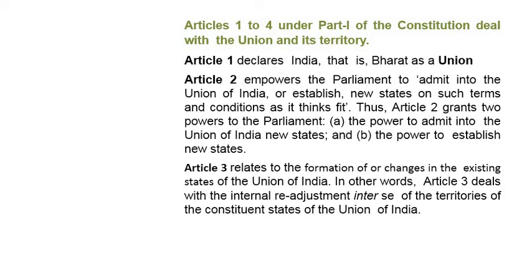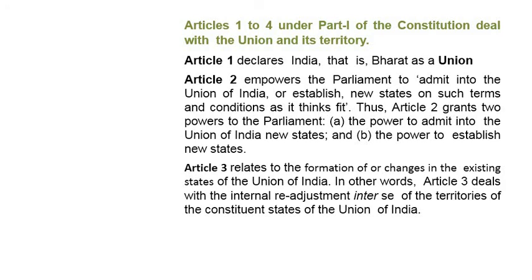Then Article 2 empowers Parliament to admit or establish new states. That is, in short, it empowers the Parliament to admit into the Union of India or establish new states on such terms and conditions as it thinks fit. Thus, Article 2 grants two powers to the Parliament.